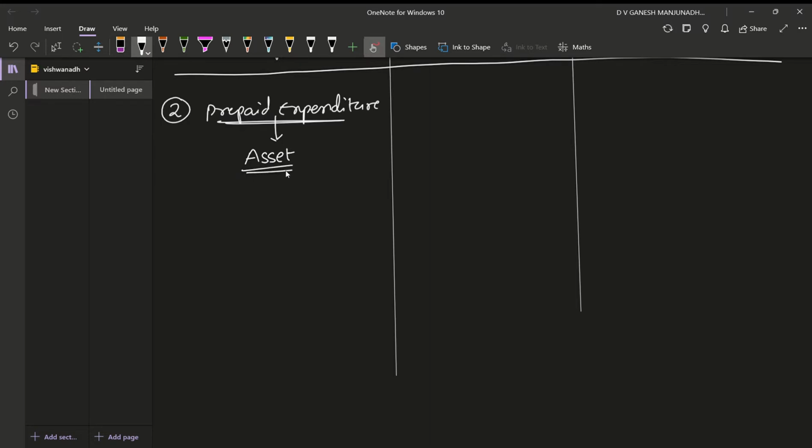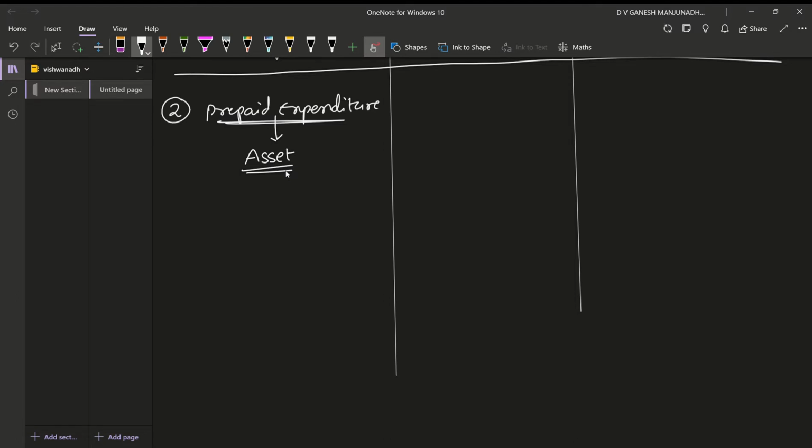The expenses we have already paid previously, but the services which we want now, we have not yet received. We have to receive that one. That is what makes it an asset. If we are going to pay, that would be like a liability. If we are to receive, that would be like an asset. Then what will be the entry? As we are going to follow the accrual concept of accounting, we need to consider only current year expenses.